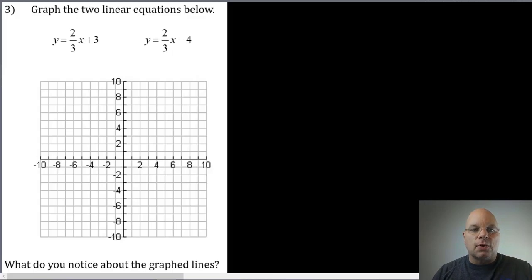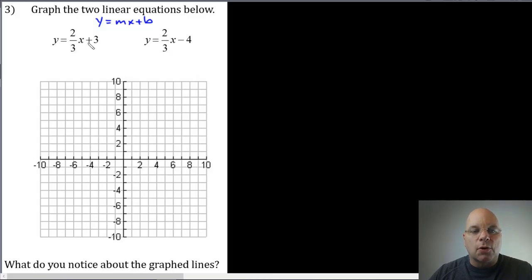Problem 3 asks us to graph the two linear equations below. They've been nicely given to us in slope-intercept form. This form is y equals mx plus b, where y is isolated on one side of the equation. On the other side we have our variable term with x multiplied by some coefficient, which is the slope of the line.